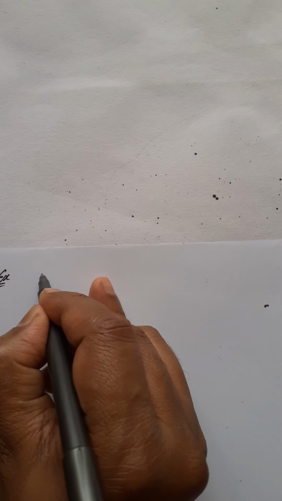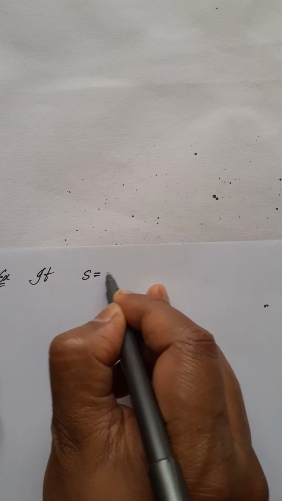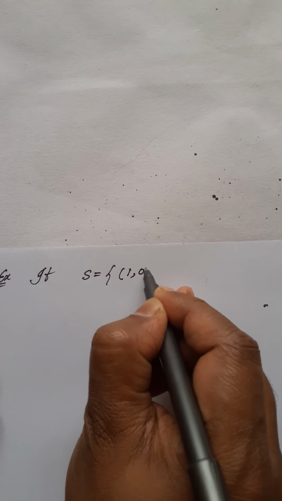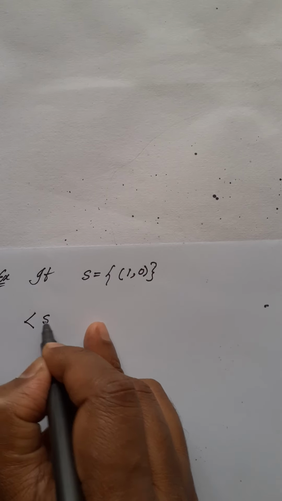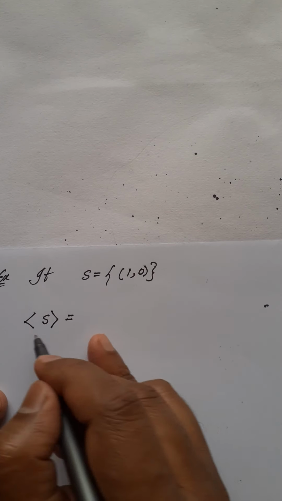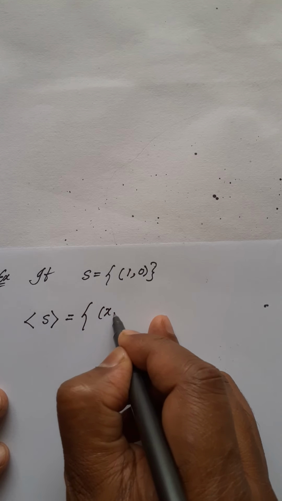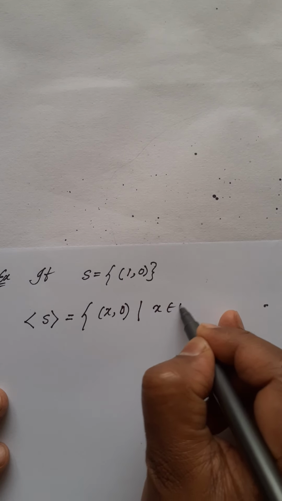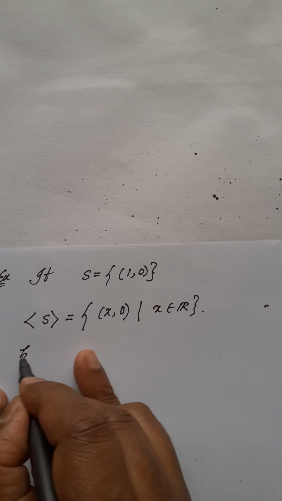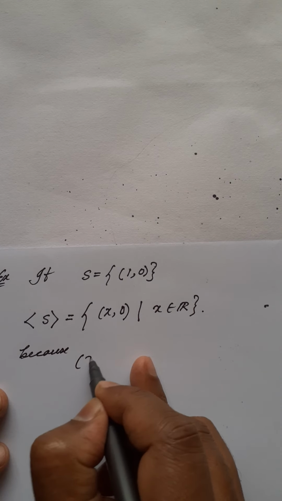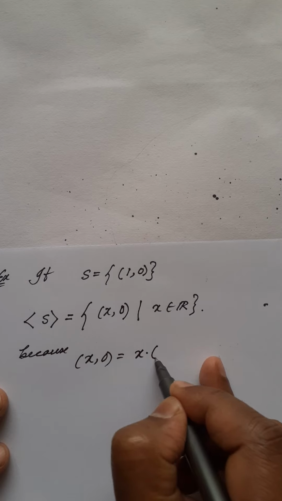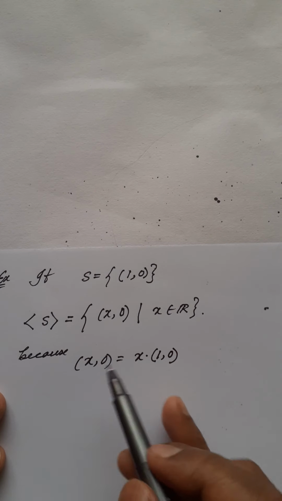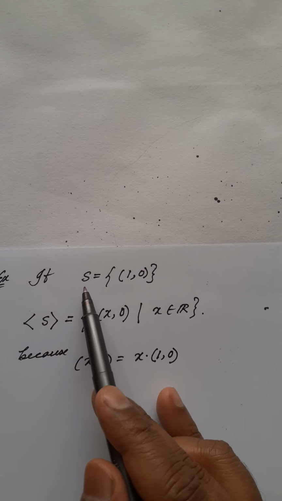Now, for example, if S contains only one vector, say (1, 0), then what is the span of S? This is the collection of all those vectors whose first coordinate is any arbitrary real number x, because any such vector (x, 0) I can write as a linear combination of the vector (1, 0).